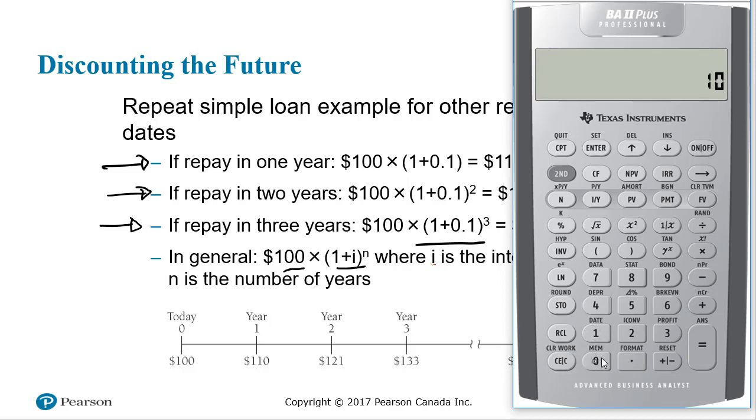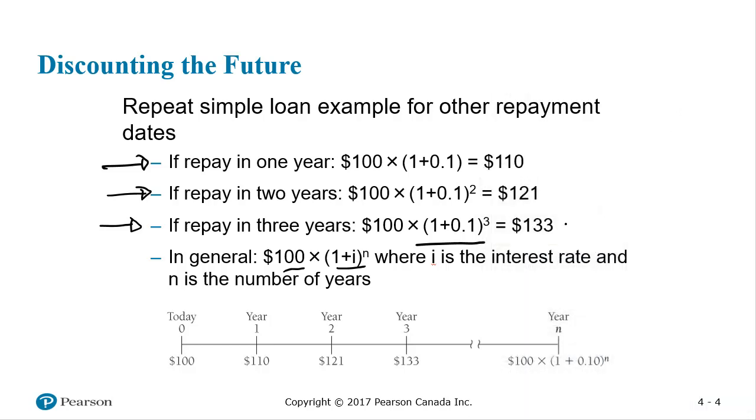We started with the $100 loan, and we can just multiply times 1.1 for the first year, and we have $110 at the end of the first year that we owe. And if we just multiply times 1.1 again, then we're at $121 for the end of the second year. And if we multiply times 1.1 again, we're going to have $133.10, and that's what we're going to owe at the end of the third year.